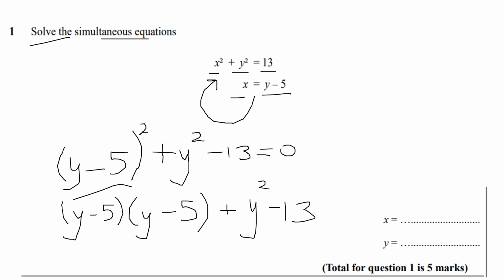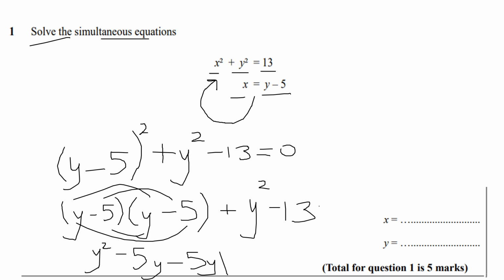So y times y is y squared. y times minus 5 is minus 5y. Minus 5 times y is minus 5y. And then minus 5 times minus 5 is plus 25. Sorry, that should be equal to 0. Plus y squared minus 13 is equal to 0.